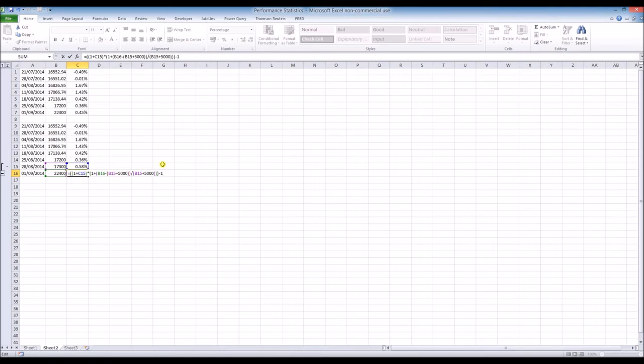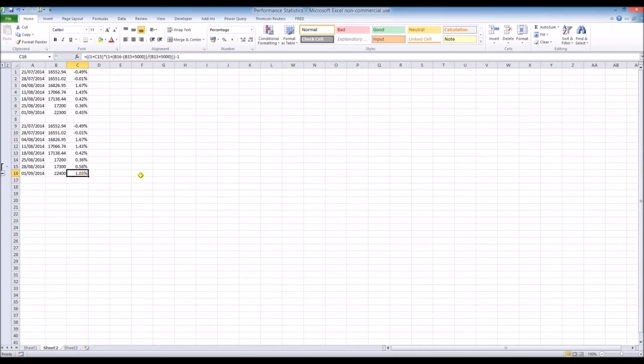And that should give you a return for the period from the 25th of August to the 1st of September, i.e. the standard weekly reporting period that you want to record, by taking account of the returns midweek and then midweek to end week and compounding them.